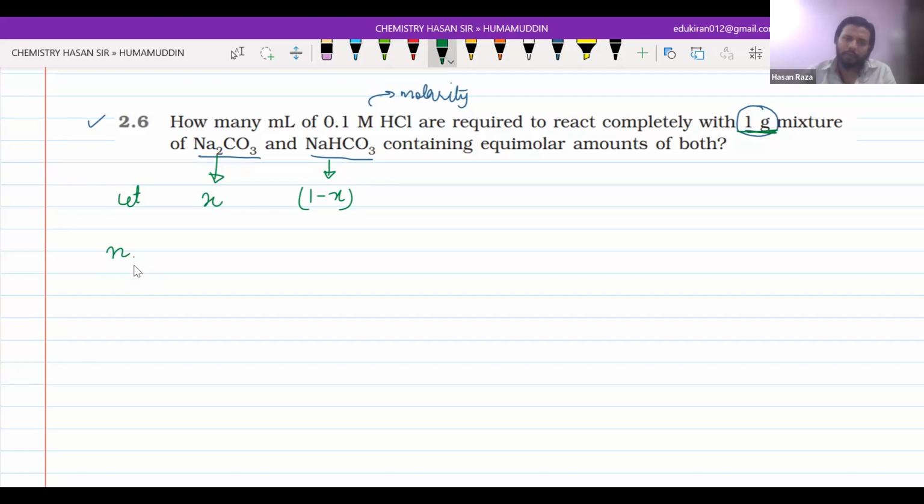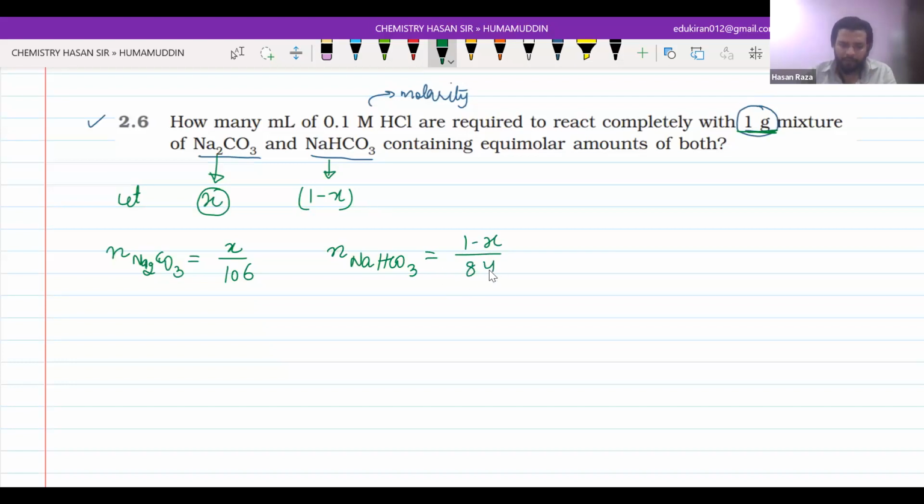Now what you need to do, calculate the number of moles of Na2CO3 as well as NaHCO3. So number of moles of Na2CO3 will be given mass, which we supposed is X, over the molar mass, which you will get as 106. In the same way, number of moles of sodium hydrogen carbonate will be 1 minus X upon 84, its molar mass.